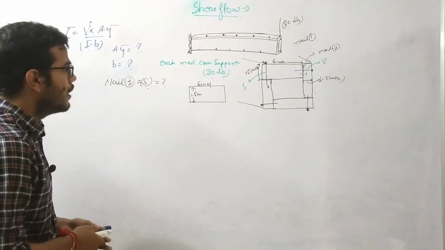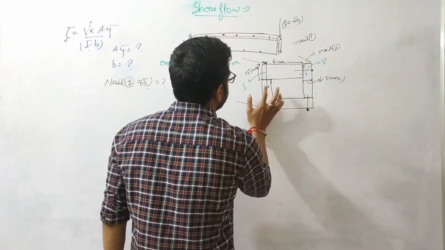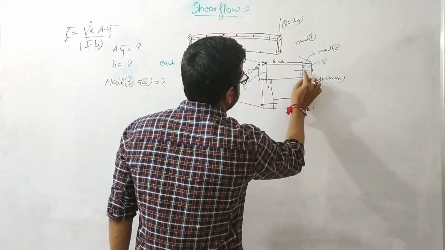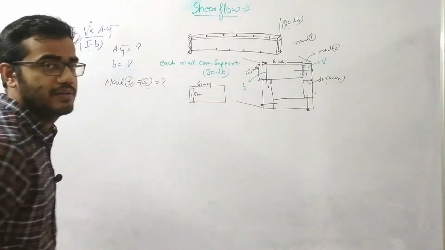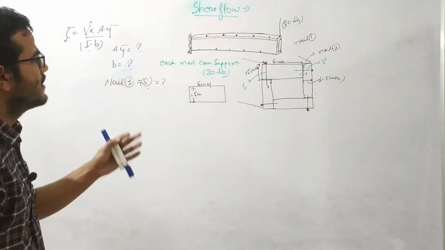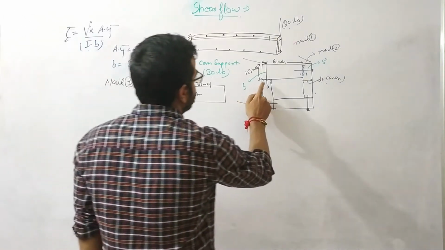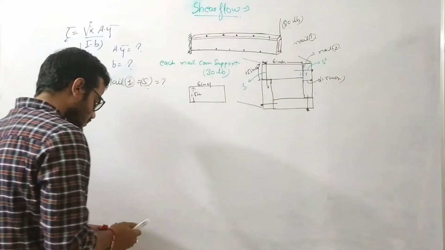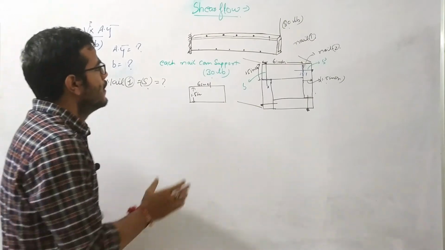So I need to calculate the shear stress at this point. To calculate the spacing for this nail, I need the shear stress at this junction, and for the other nail, I need the shear stress at that junction. The shear stress at these two junctions will be different. So first, I need to calculate the shear stress for this nail. See it very carefully.